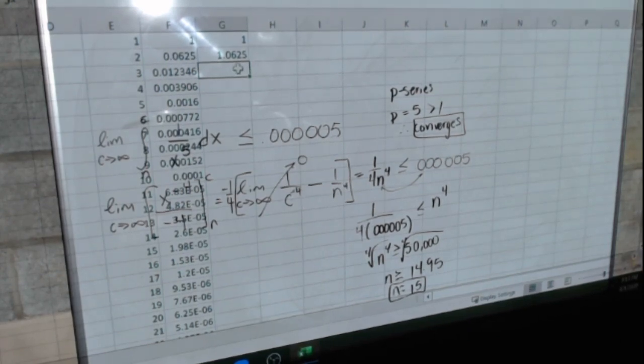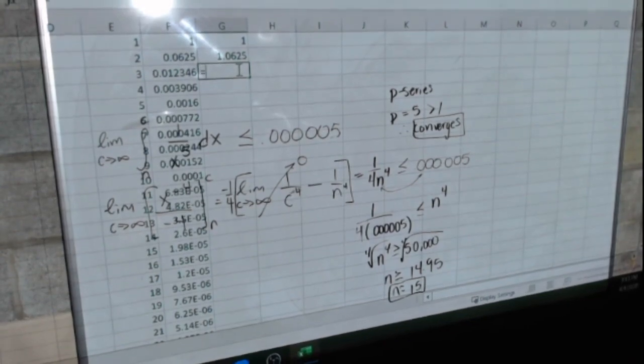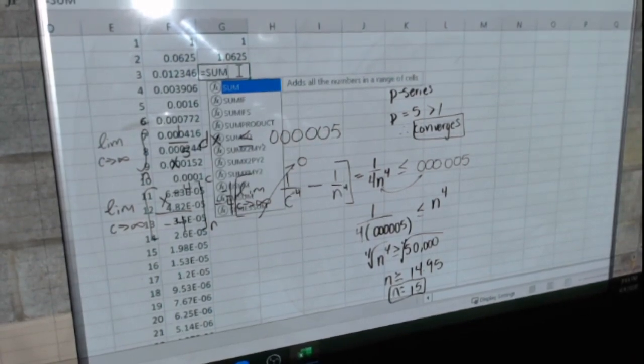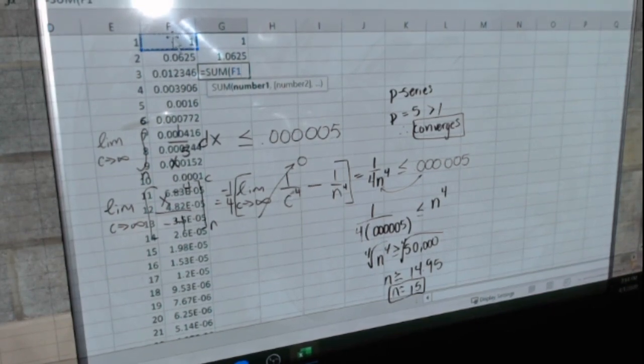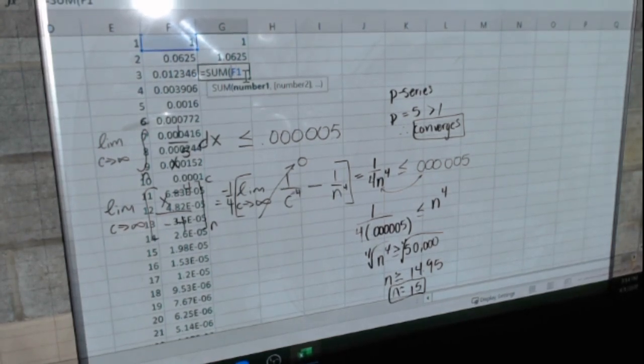Now does somebody recall, if I pick the first value and then hit F4, it's not working. So I think I need dollar signs here to make this do the running sum. Let's see if I can make this work.